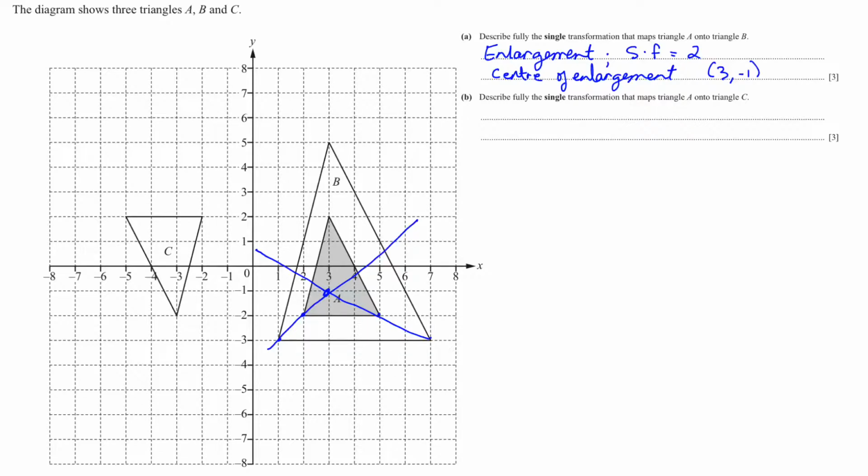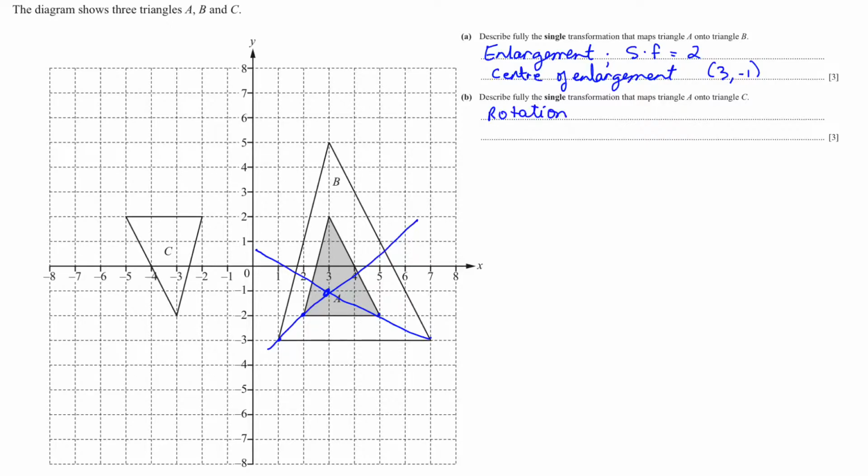Moving on to the next part, describe fully the single transformation that maps triangle A onto triangle C. So this triangle onto triangle C, it's clearly a rotation. So the first thing we will write down is that it's a rotation.